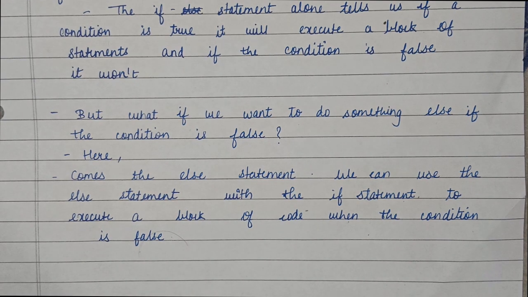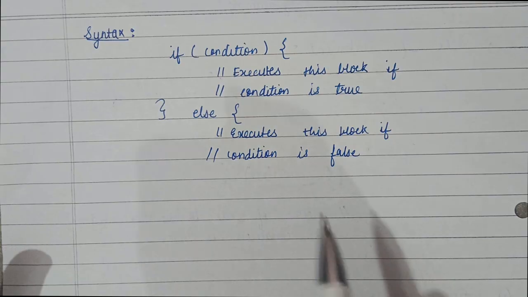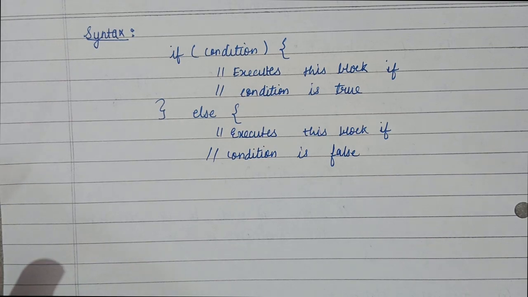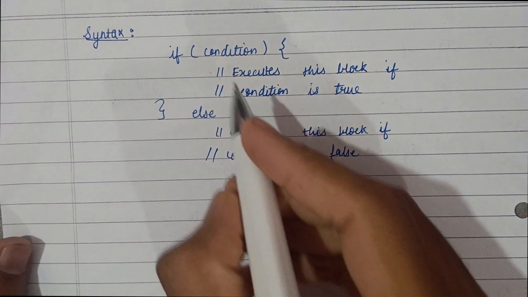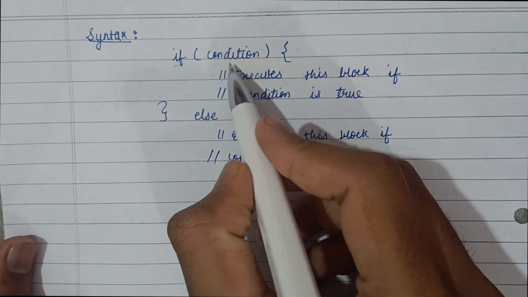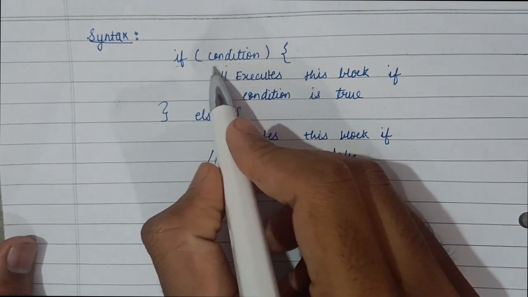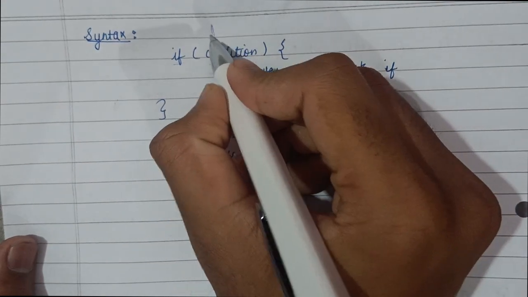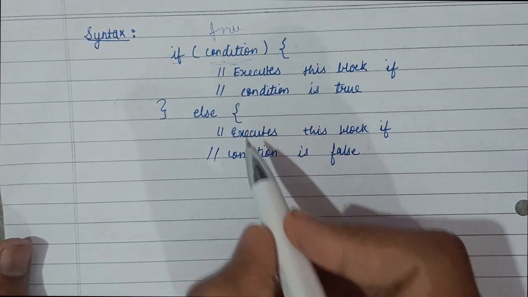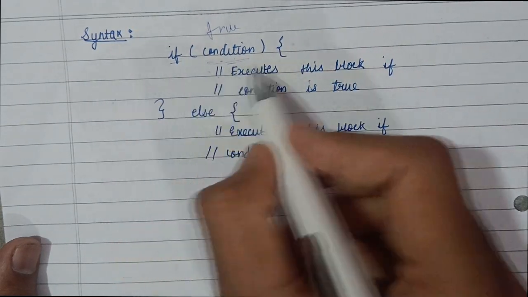So let's see the syntax of the if else statement, how we write it in Java. The syntax is: if, then here we write the condition. If the condition is true, then this block will execute.